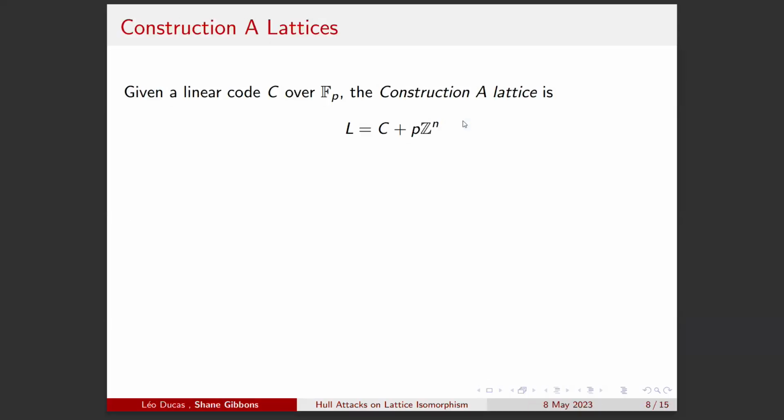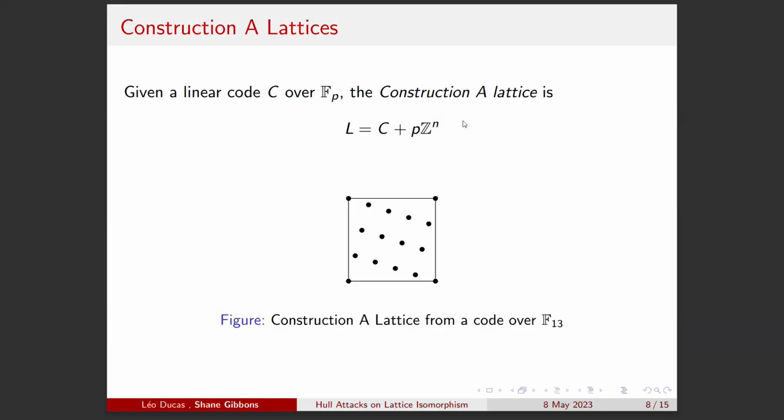And so construction A lattices are the lattices where this is most obviously useful. These are lattices generated by codes. Your linear code over F_p, you can include it into the integers using abusive notation.